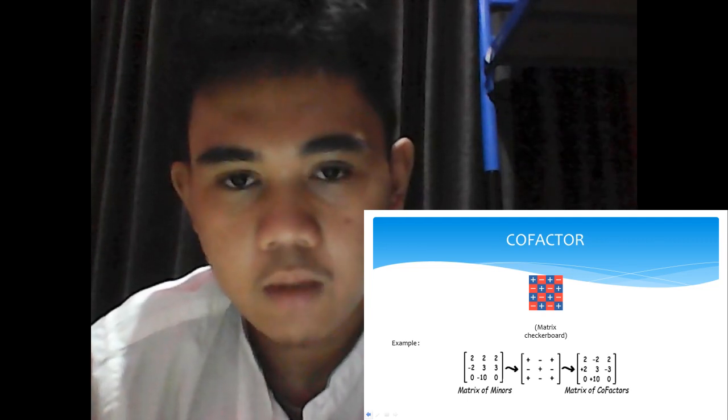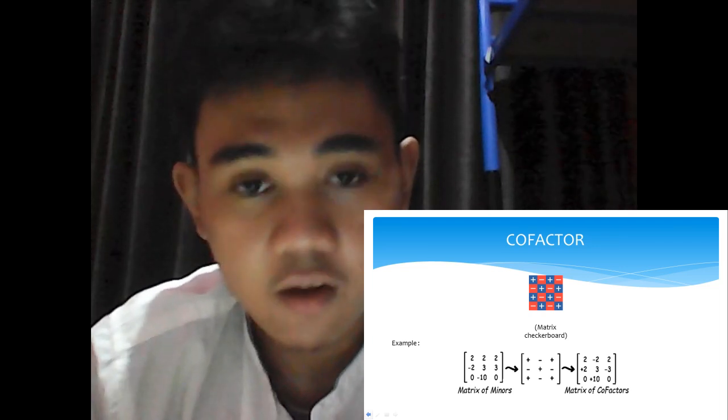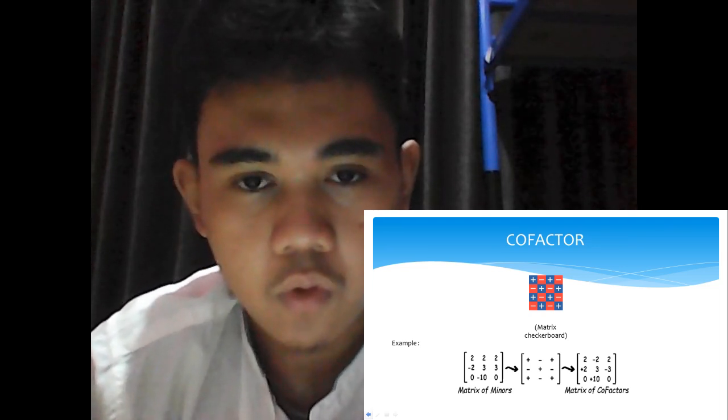The checkerboard matrix makes it easier to multiply for the cofactor of the matrix. For example, you start with the matrix of minors, then apply the checkerboard, and then you get the matrix of cofactors.